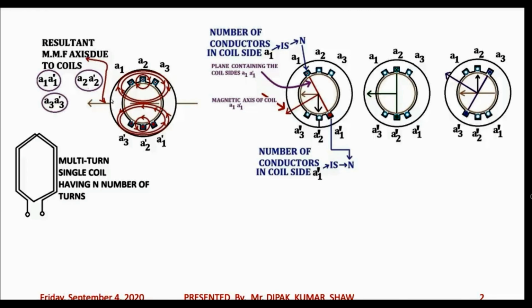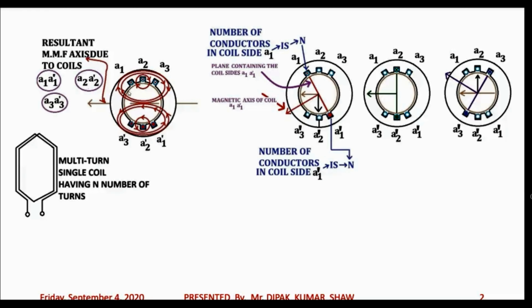So obviously in the slots you will have n number of conductors, because this being a multi-turn coil having n number of turns on each coil side, you will have n number of conductors on each coil side.